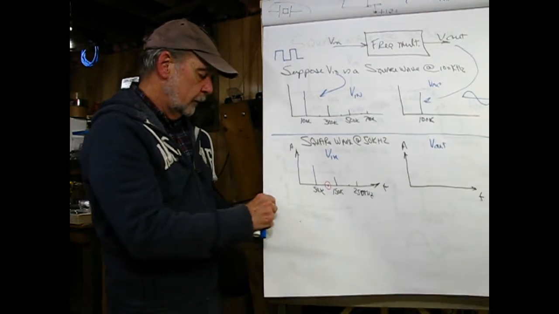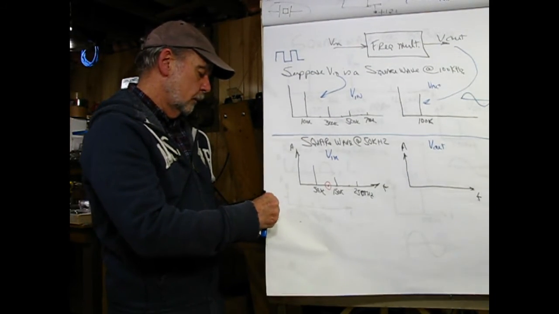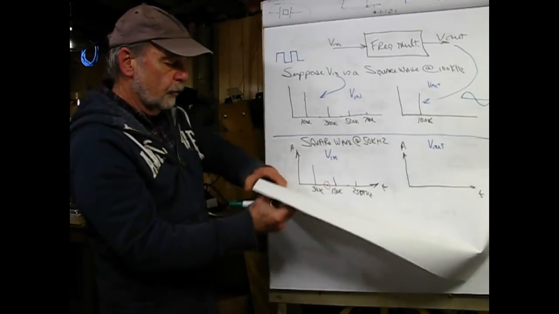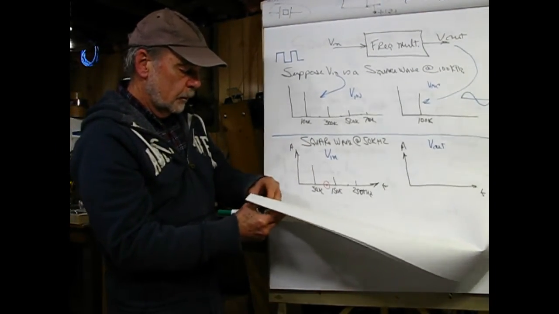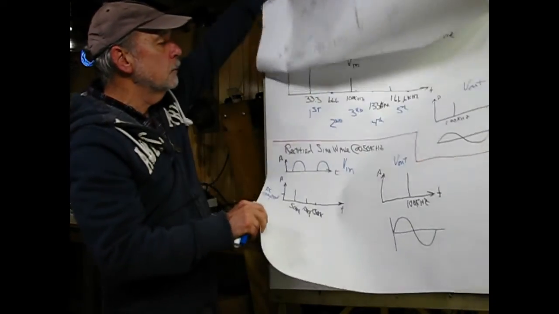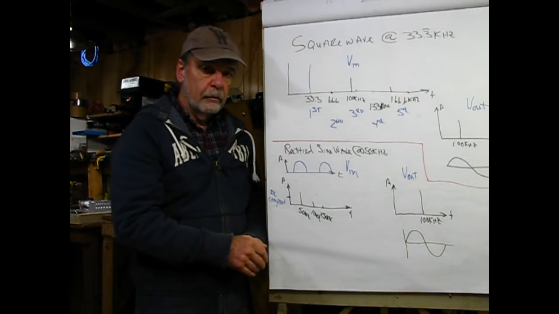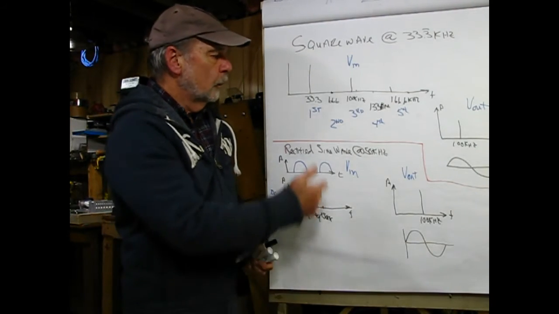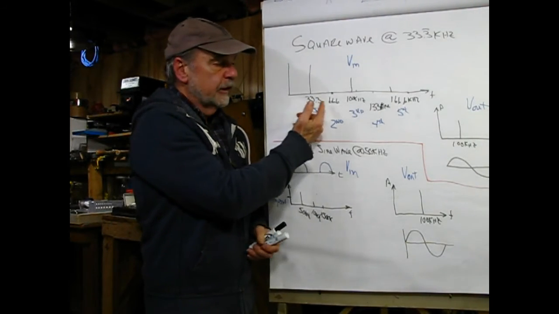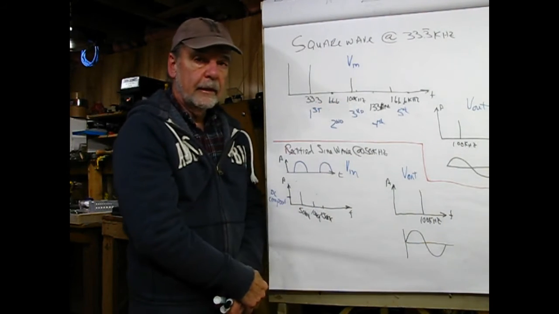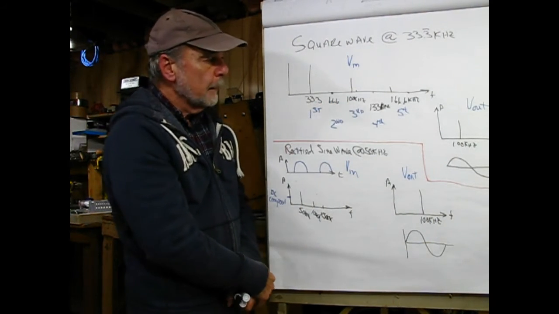And then finally, if I can get this page opened up. There we go. Take a look at a square wave at 33.3 repeat kilohertz. Well, there's our fundamental. Second harmonic is nothing there. Third harmonic is 100K, and we do have something there.